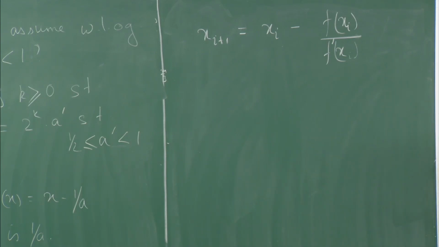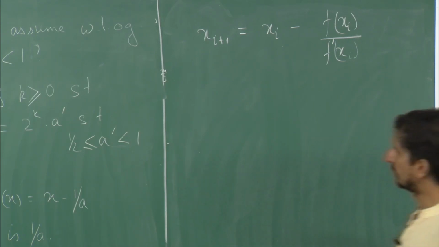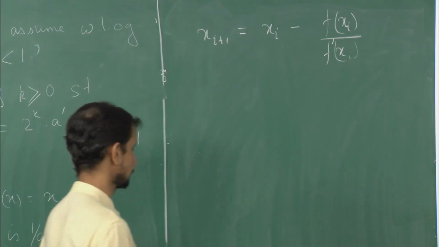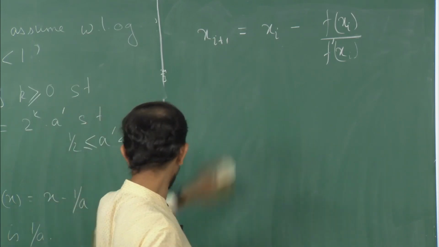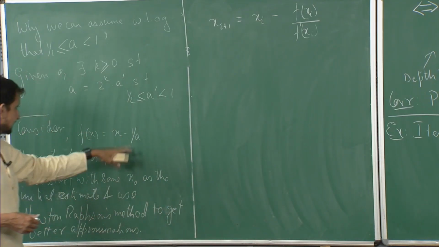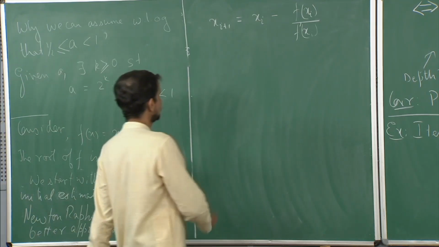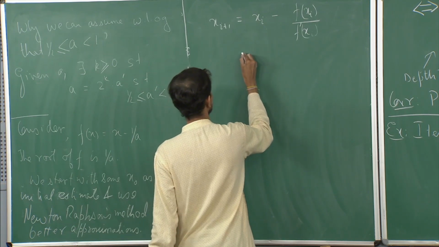This is how we get closer and closer approximations of the root. And now what is f prime of xi?